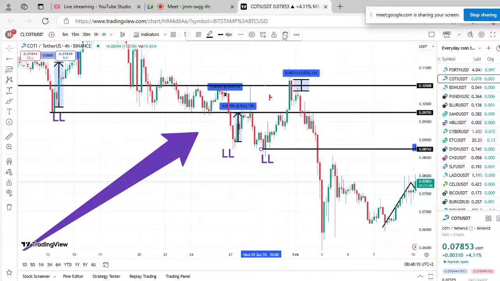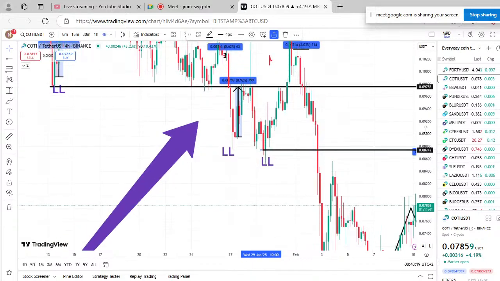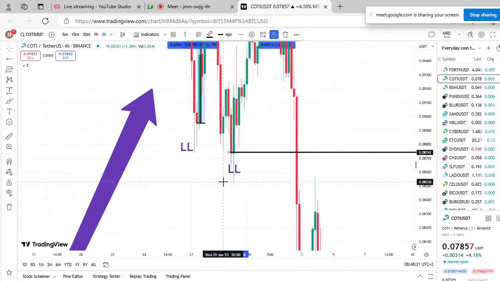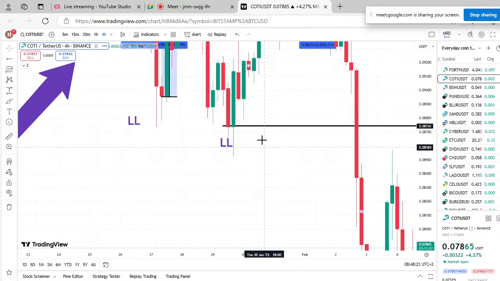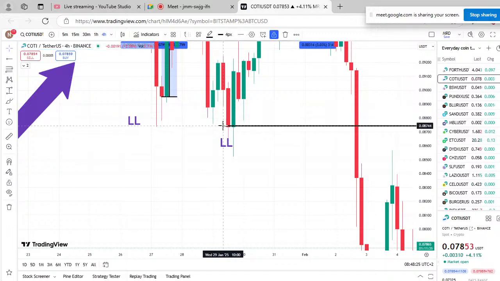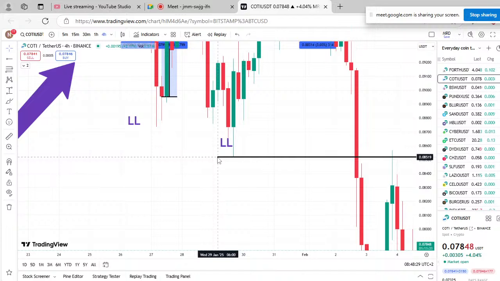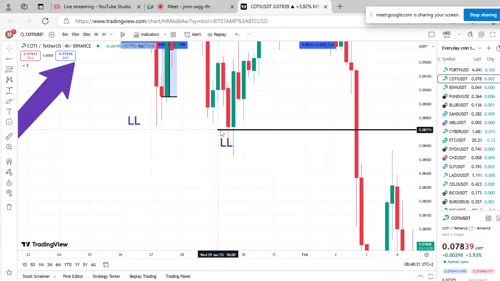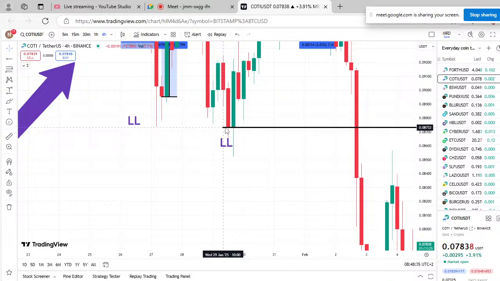When we are drawing line, don't draw line on wick. We draw line on the body. Are we seeing? I want you to get it. Don't draw line down here. Don't put line here. We put line immediately at the close of the body. Are you getting it?